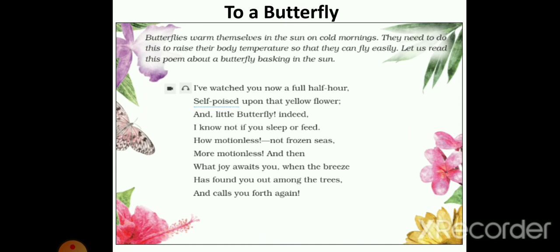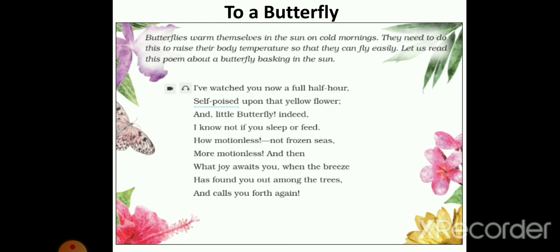So he's saying that what joy the little creature must be feeling every time the breeze comes and touches its delicate wings. Okay, when it is sitting on the flowers or when it's on the trees. In the way those breezes are calling out to the butterfly to fly again and to grace other corners of the world with its beautiful presence.